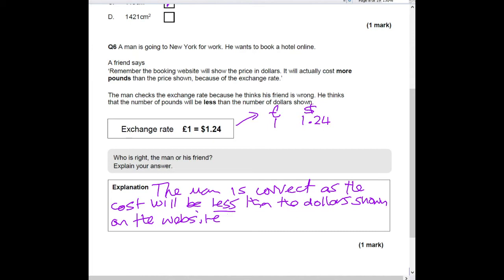And as an example, if we multiply this by 100, then the website would say $124. We'll multiply this by 100, that would be £100. So the £100 is less than the $124 shown on the website. So that explanation is worth 1 mark.